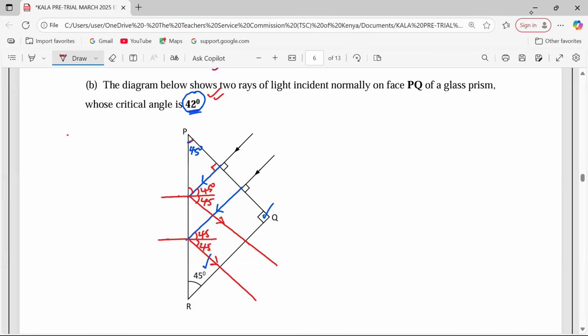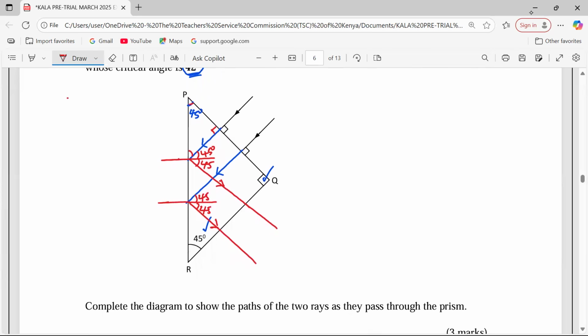When the ray is proceeding like that, it's good for you to know that if this is 45, this is 45, that is 45, it means at this point we are having 90 and also 90 here.